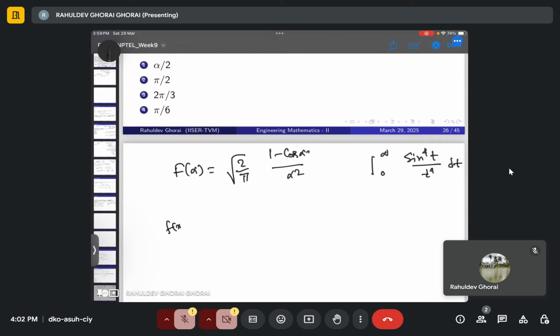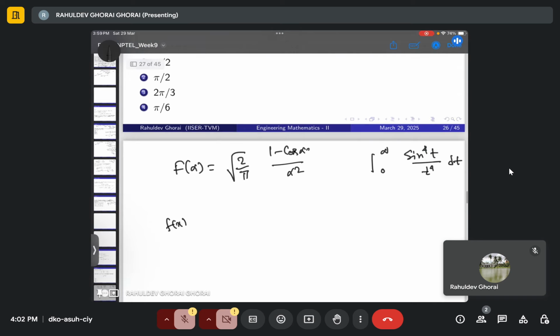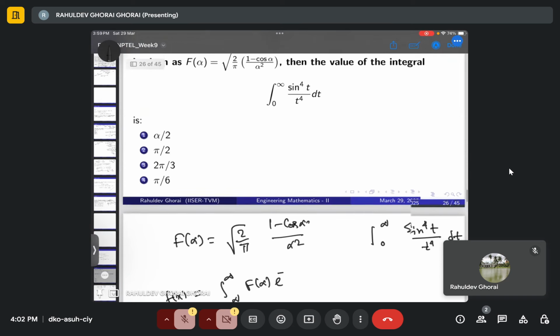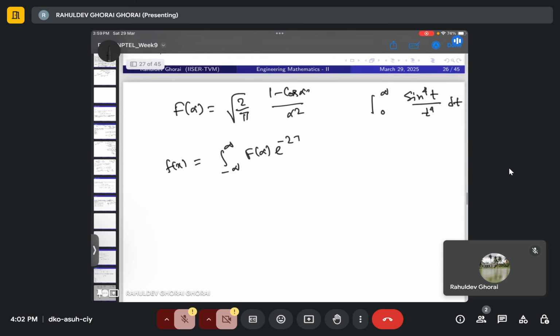And you know this f alpha is the Fourier transformation, right? So using the inverse Fourier transform, you can write the integral from minus infinity to infinity of f alpha e to the power minus 2 pi i alpha x.